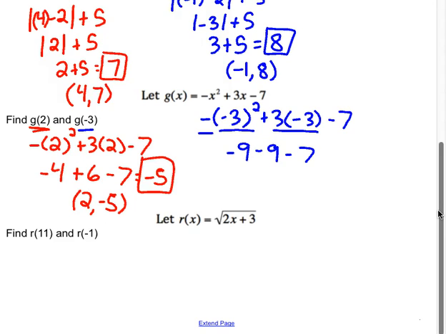So -18 minus 7 is going to be -25. So that is what this thing is going to equal when I evaluate it. And if I asked you to write that as a point, you can picture that as I'm plugging in a -3 and I'm getting out a -25.